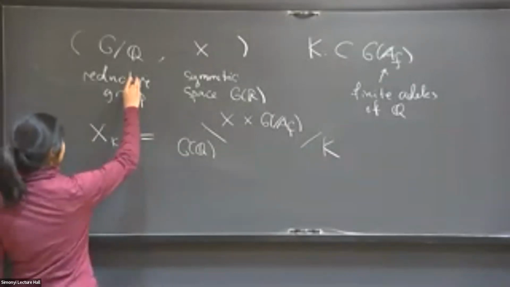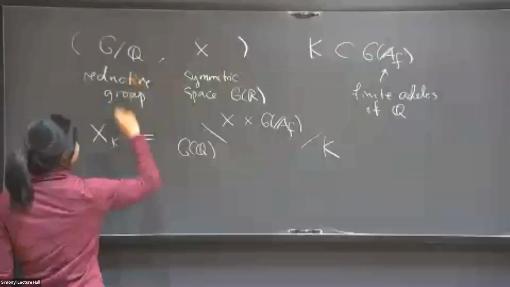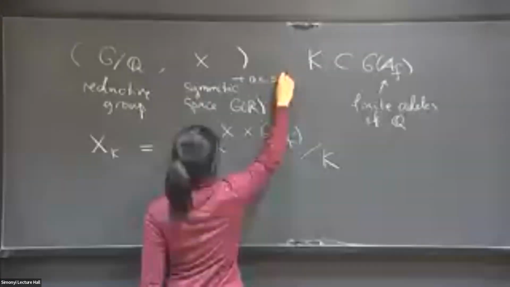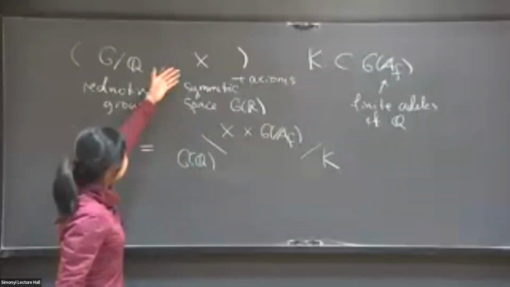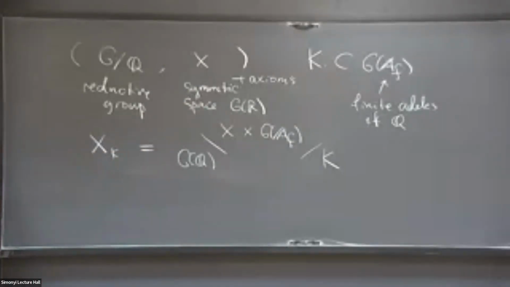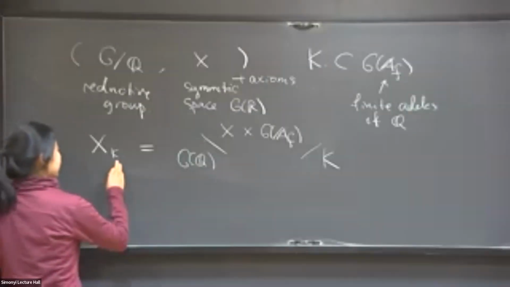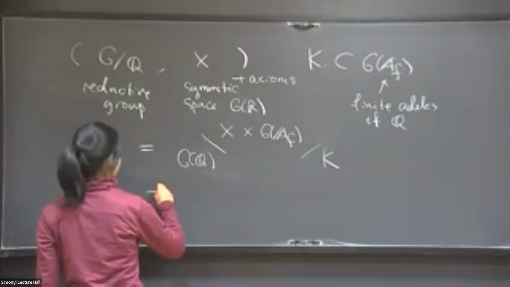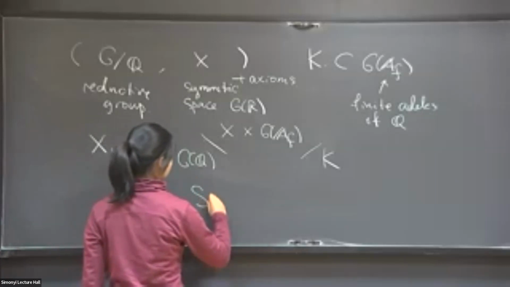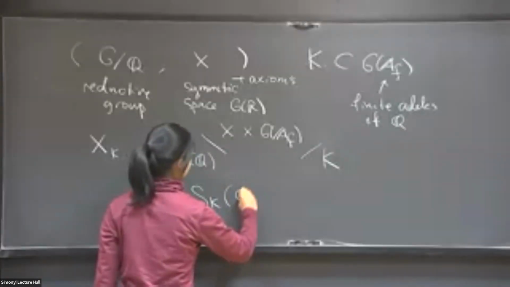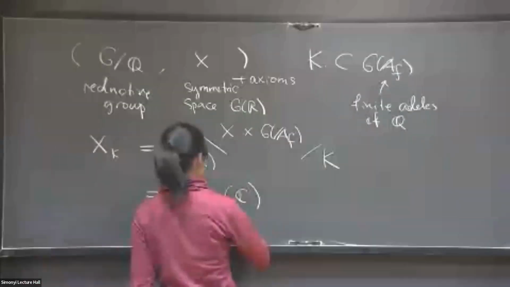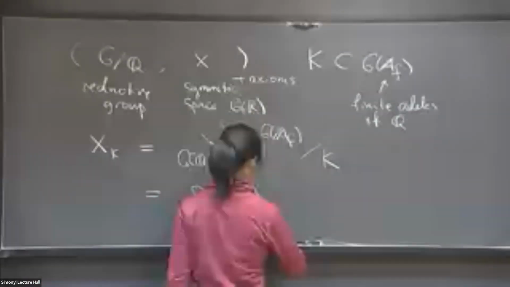And surprisingly, if this pair G and X satisfy certain axioms, that will in particular force X to be a Hermitian symmetric space supporting a variation of Hodge structures, then this locally symmetric space will have an algebraic structure, in the sense that it will be the analytification of the complex points of an algebraic variety defined over a number field.